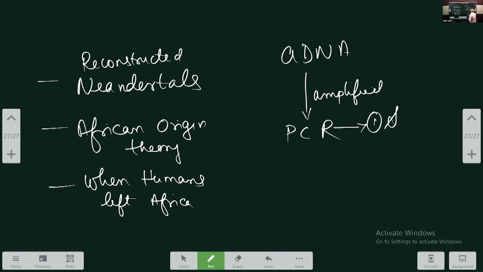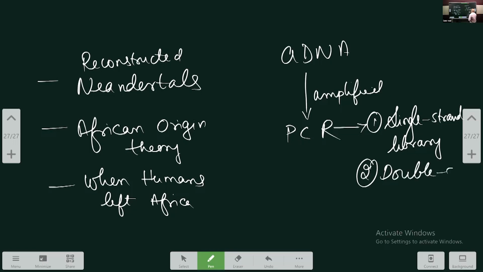One library is called a single strand library. Another is called a double strand library.